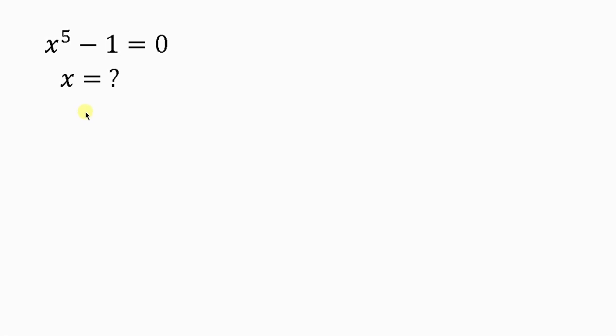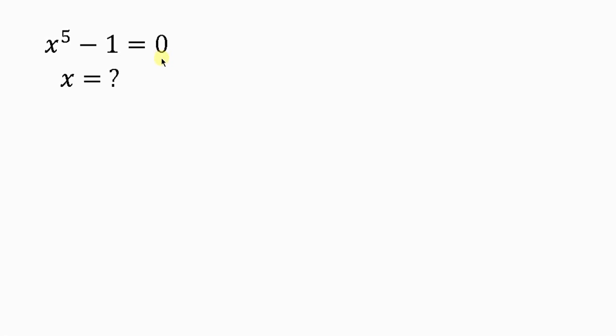Look at this nice and beautiful question on the board that we're going to be solving. The question says, find the values of x for which x to the 5 minus 1 is equal to 0.